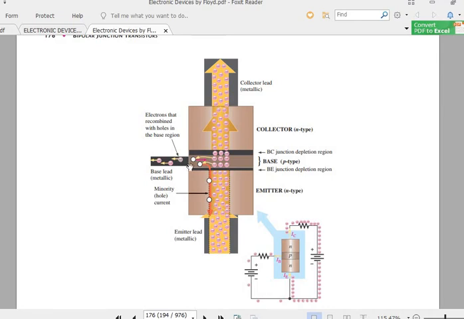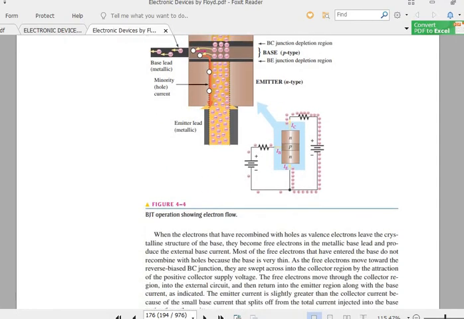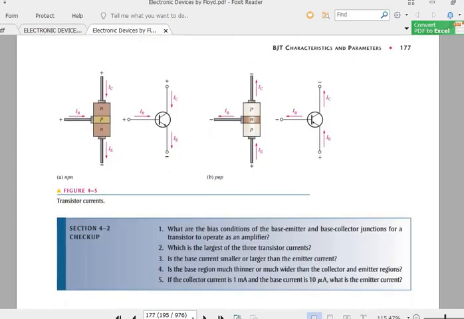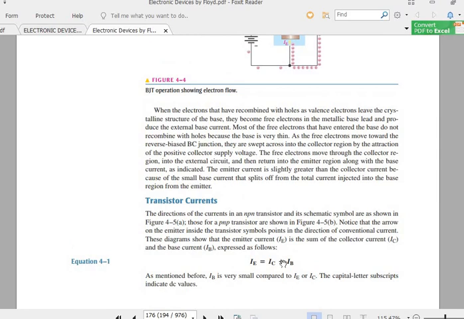So here what is the case? IB is, in this case, the current due to the emitter. The emitter is the major supplier because it is grounded. So IC plus IB is equal to IE. This is a fundamental equation that is drawn from this scenario.